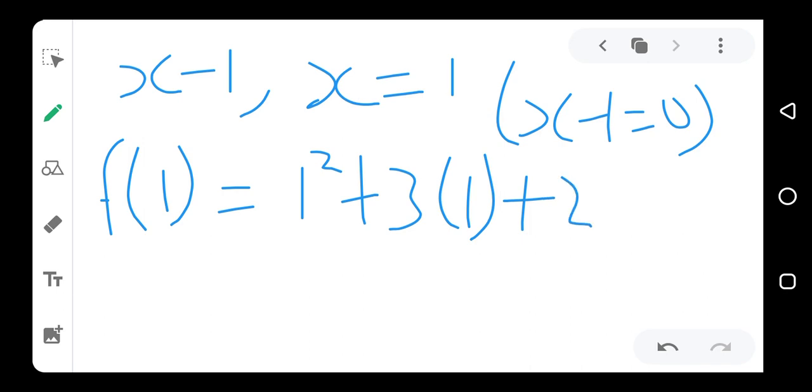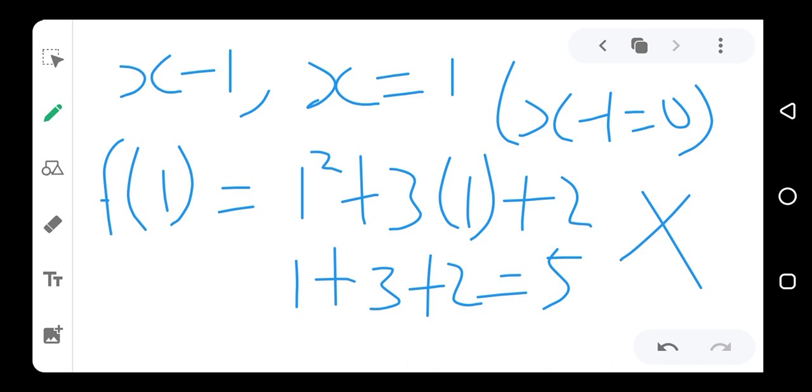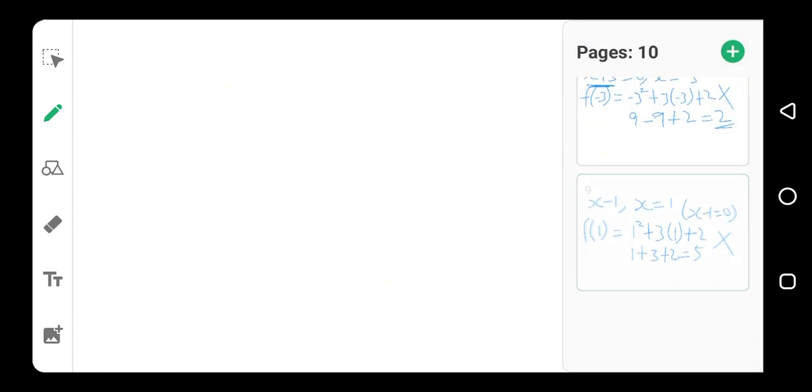Now 1 squared is equal to 1, plus 3 times 1 is 3, plus 2, and this will give us 6. This is not equal to 0. Therefore, it's not a root of the function. So this one is cancelled. Now you go to the third one.